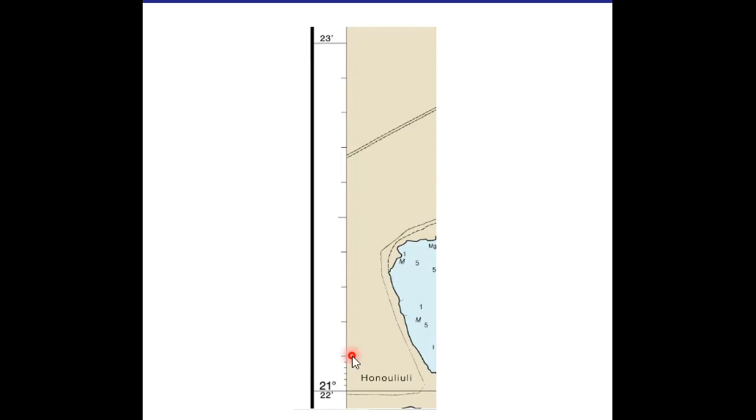Meaning I can read this point of latitude as either 21 degrees 22.1 minutes north or 21 degrees 22 minutes 6 seconds north. On charts where there are 10 ticks between each minute of latitude or longitude, I can read the chart as degrees, minutes, tenths or degrees, minutes, seconds.